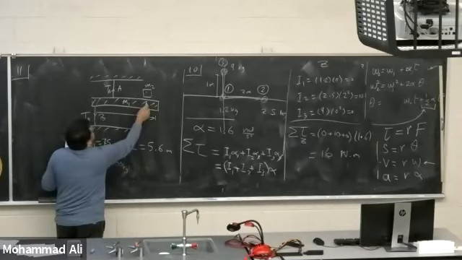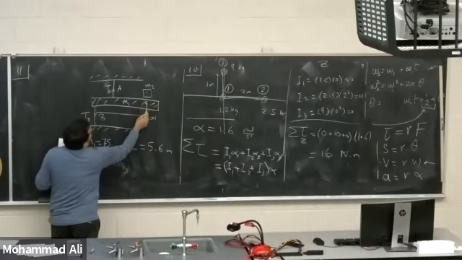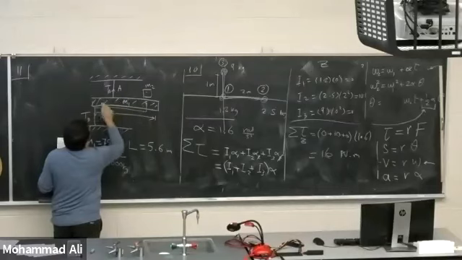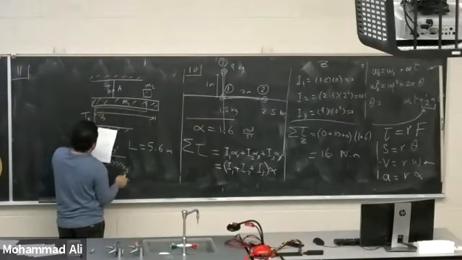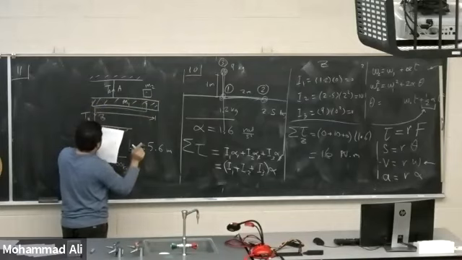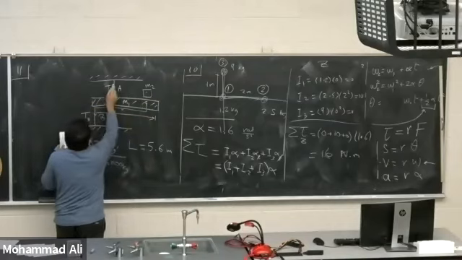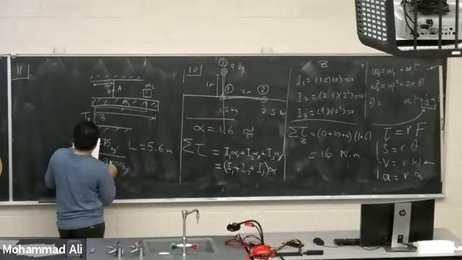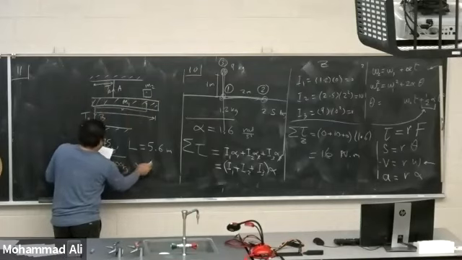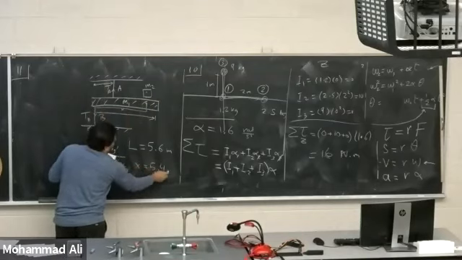D is the distance from the mass to this place. No, this is X. This is D. How much X? 5.4 meters.